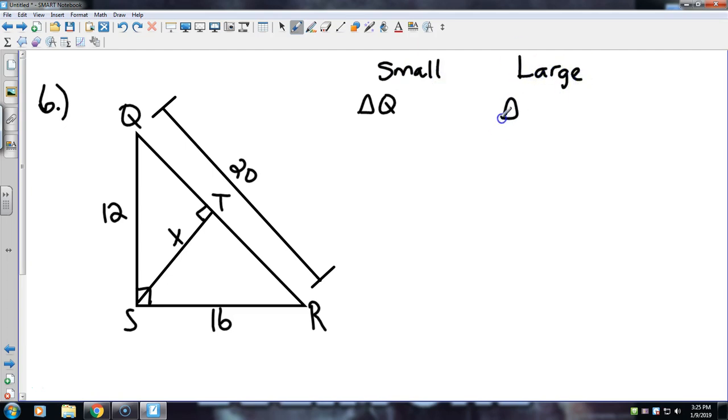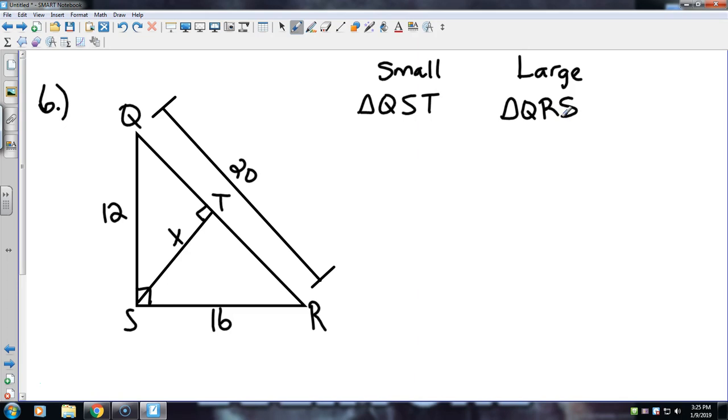And so it has angle Q as well. And then let's go ahead and go to S in the small triangle. That's going to be the non-right angle, and so that's going to be comparable to R. And then we're going to go to the right angle in the small triangle, which is T, and the right angle in the large triangle, which is the big S.